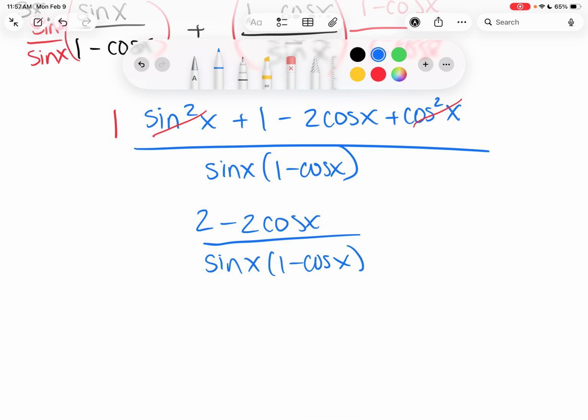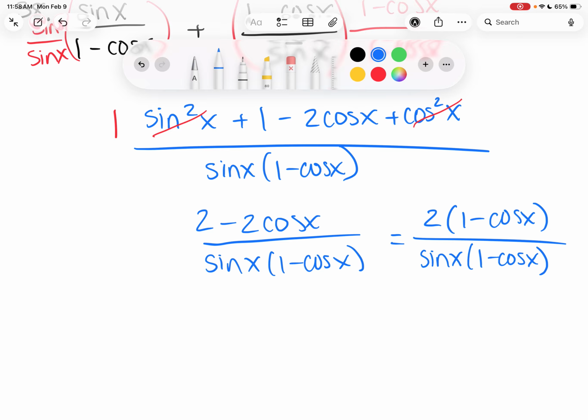So is there anything else I can cancel? Factor out a 2. If I factor out a 2, then I have 1 minus cosine of x on top times 2. And then I have sine of x times 1 minus cosine of x. Now can I cancel anything?